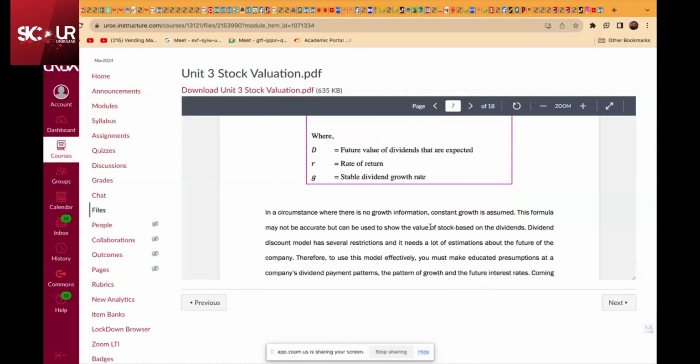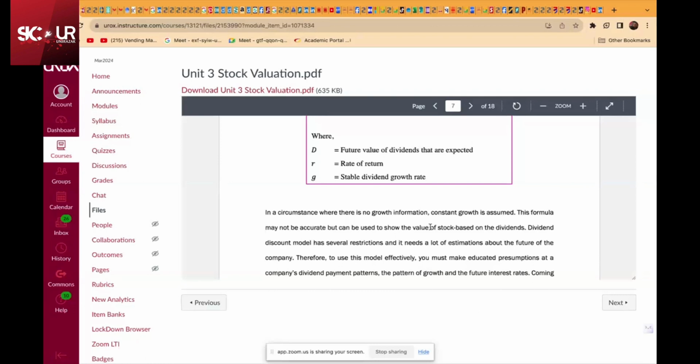The dividend discount model has several restrictions, and it needs a lot of estimation about the future of the company. Therefore, to use this model effectively, we must make educated presumptions on the company's dividend payment patterns, the patterns of growth, and the future interest rate.